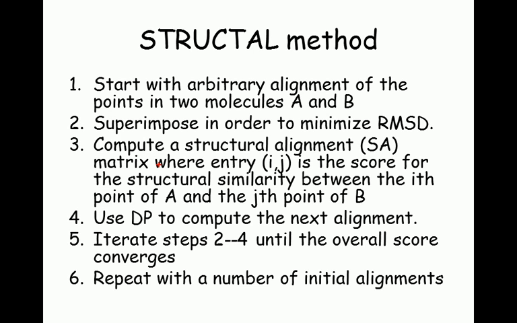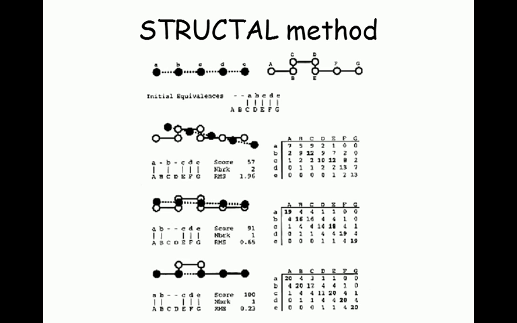STRUCTAL method is one of the older classic methods. So what it does is it aligns the 2 proteins, and you can use an initial alignment which can also be random. So you can randomly assign one residue from one protein to another residue from the other protein, and then you perform the geometric superposition.